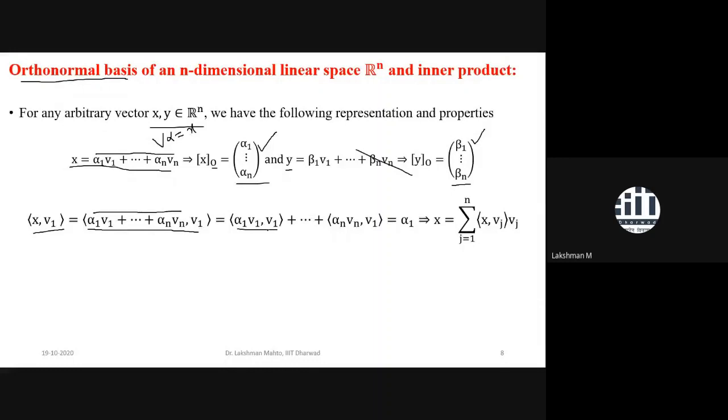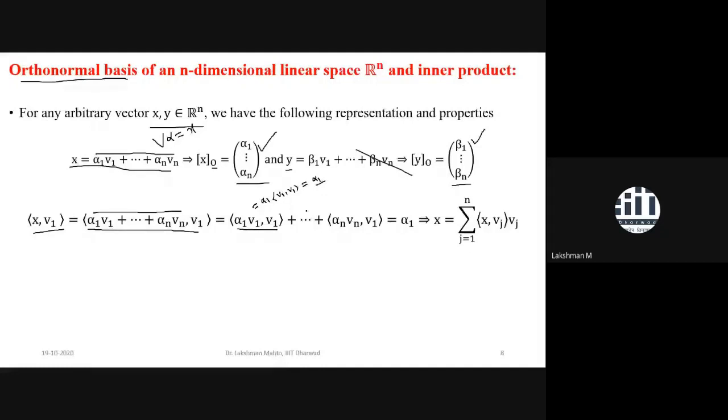It decomposes into the dot product of alpha 1 times v1 with v1, plus the dot product of alpha 2 times v2 with v1, and so on. The first term becomes alpha 1 times the inner product of v1 with v1, and we know that v1 is an orthonormal vector, so the inner product of v1 with itself is 1. So you are left with alpha 1 times 1, that is, alpha 1.